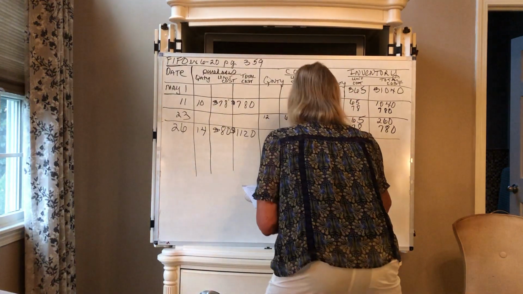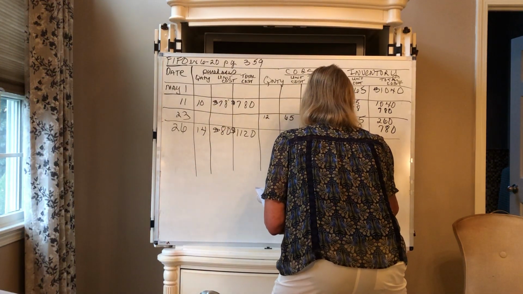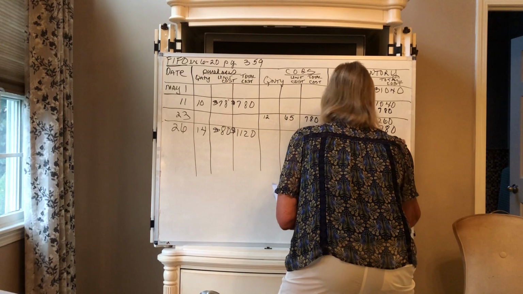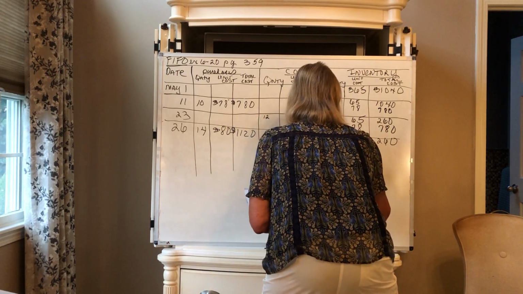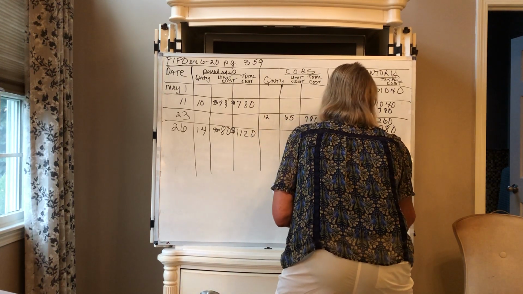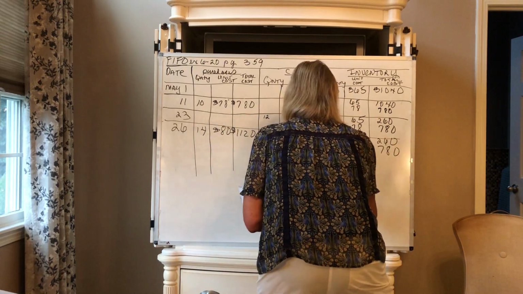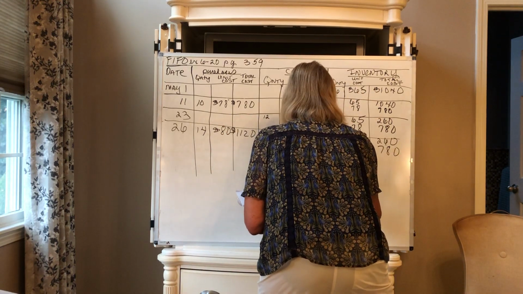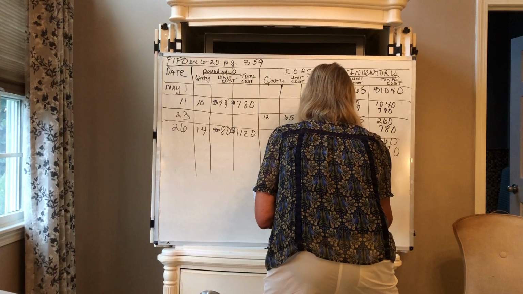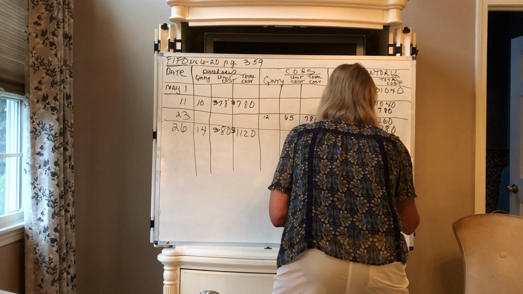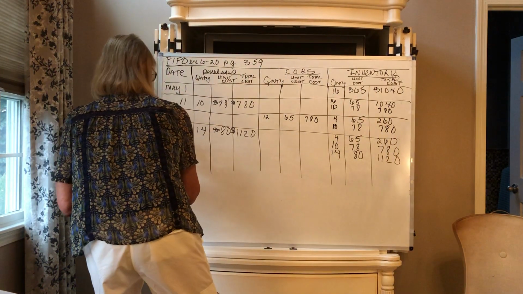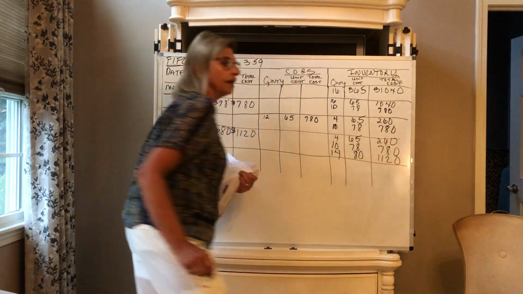Okay, so bring down the old 4 at 65 for 260, 10 at 78 for 780, and then the new ones we just got, 14 at 80 for 1120. So you see we got a whole bunch of tiers going on there.